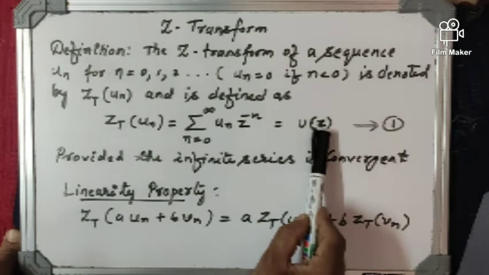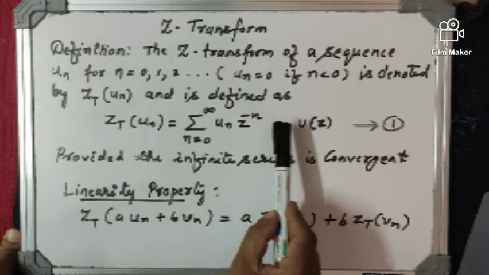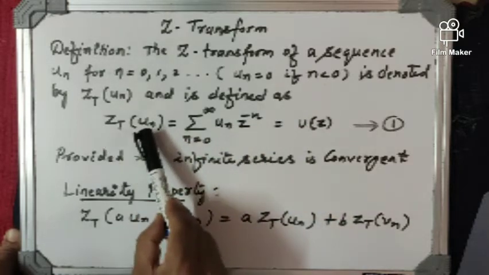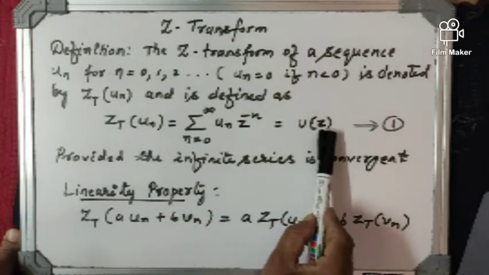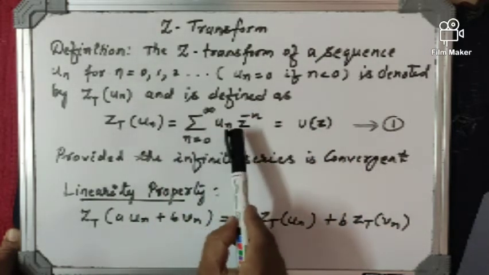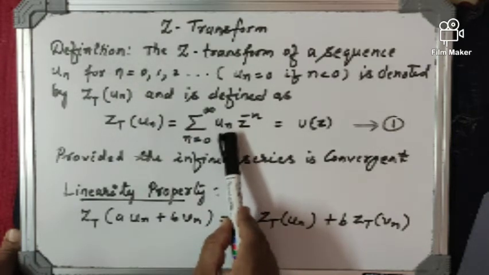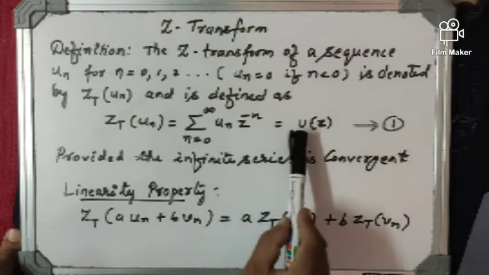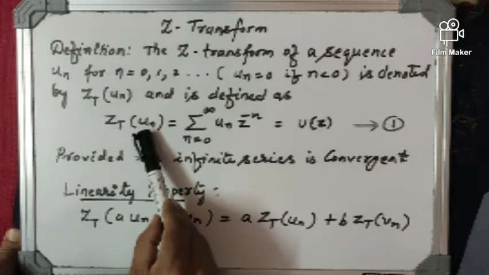Laplace transform is a function of s. Here the Z transform of a sequence un is a function of z. This is an infinite series, so this series must converge. If this series converges, then we say that U of z is the Z transform of un.